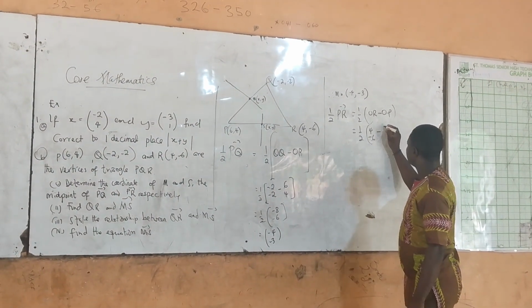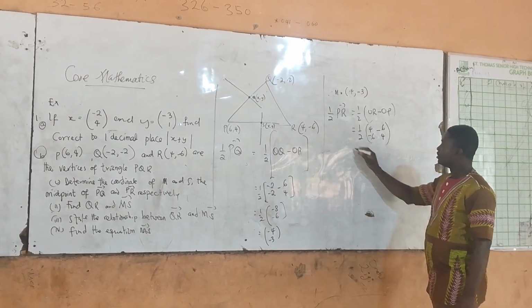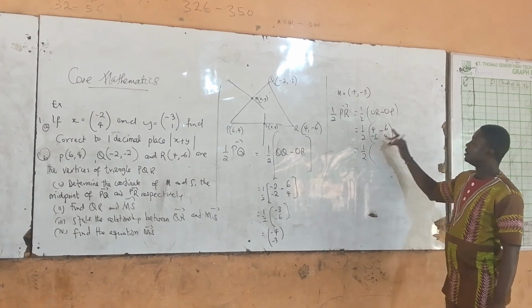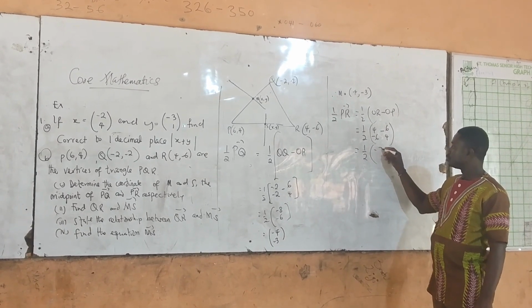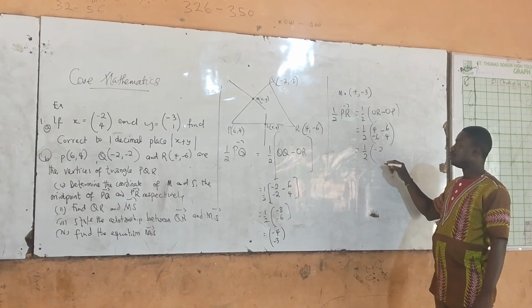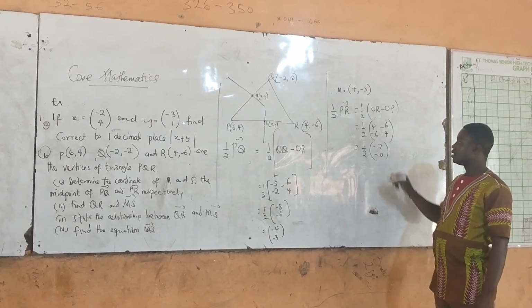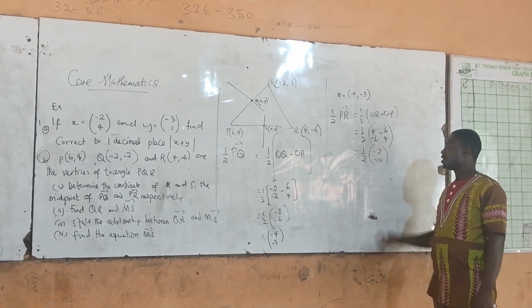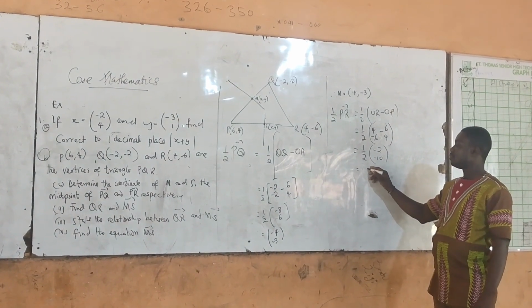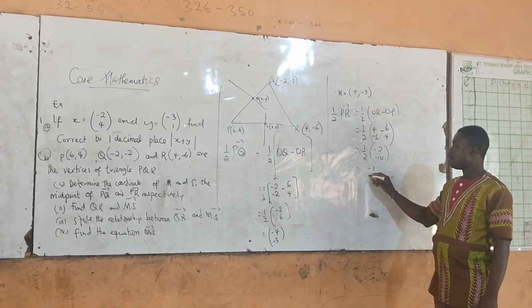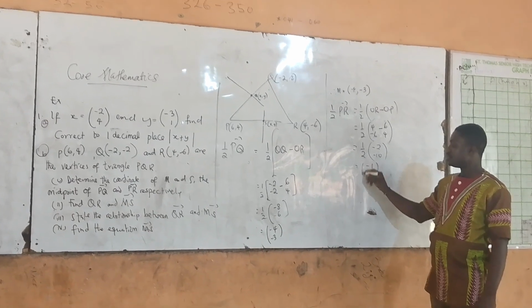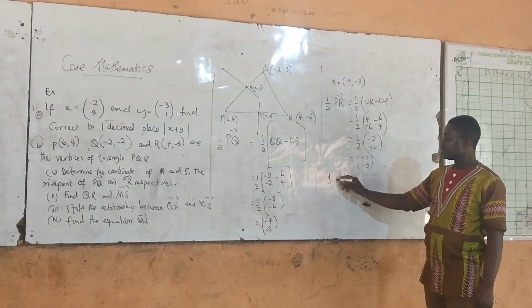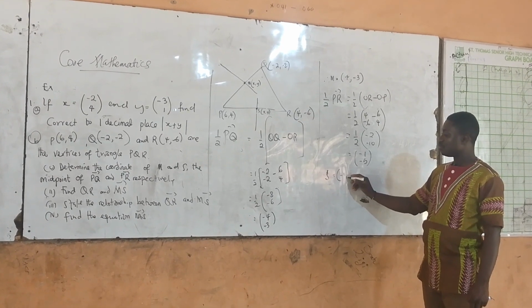Let's do that subtraction: 4 minus 6 gives minus 2, then minus 6 minus 4 gives minus 10. Multiplying each term by half, we are going to have minus 1, minus 5. So the midpoint S is given by (-1, -5).